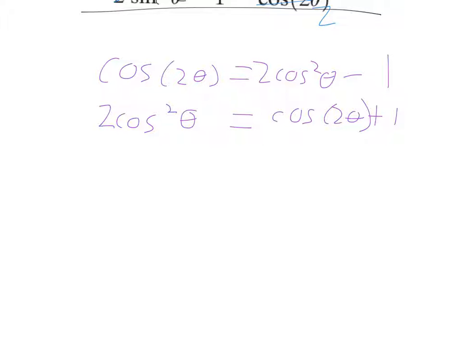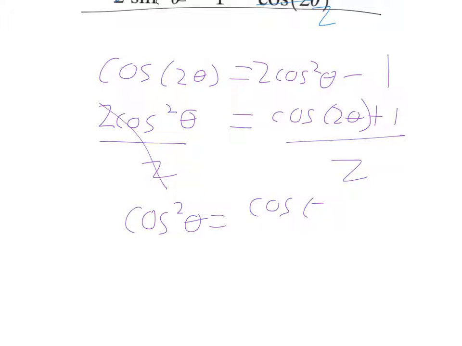So, divide everything by 2. You have that cosine squared of theta is equal to cosine of 2 theta plus 1 all over 2.